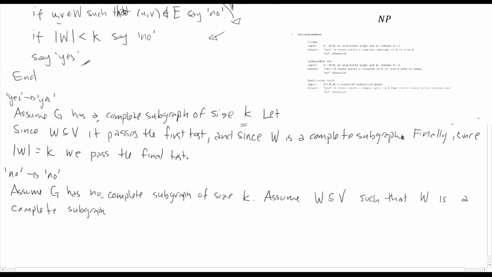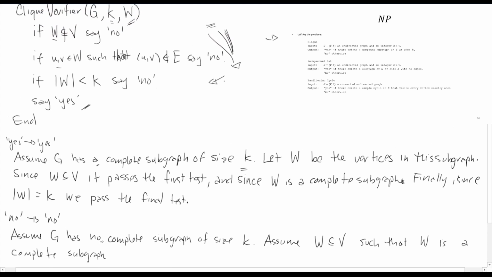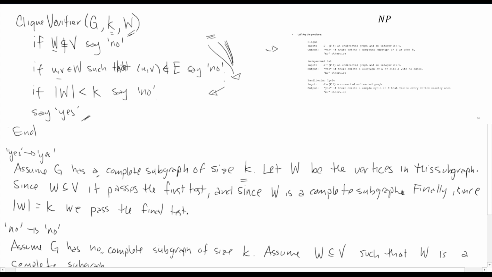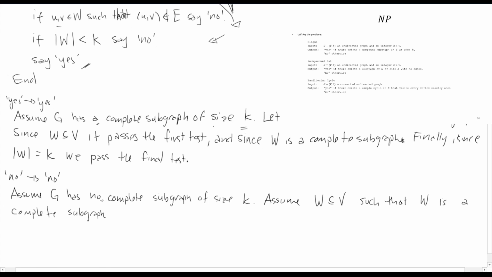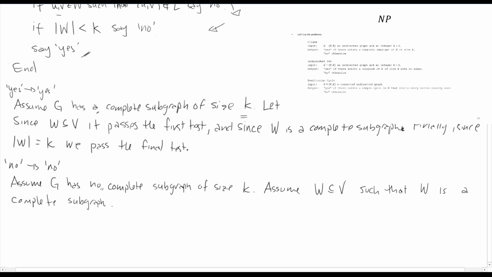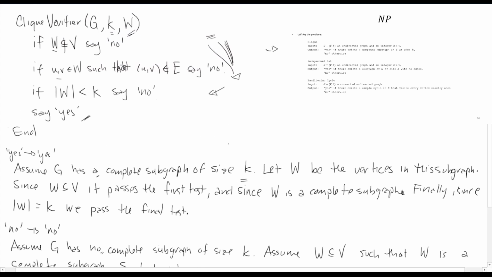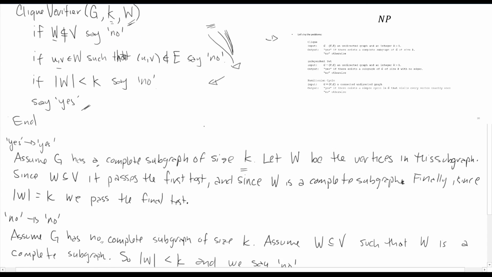So we're going to assume both of these. W is a subset of vertices and it's a complete subgraph, so that means it passes the first two tests. But by our assumption, there is no complete subgraph of size k, so the size of W must be less than k, and we say no. Okay, that completes our proof.